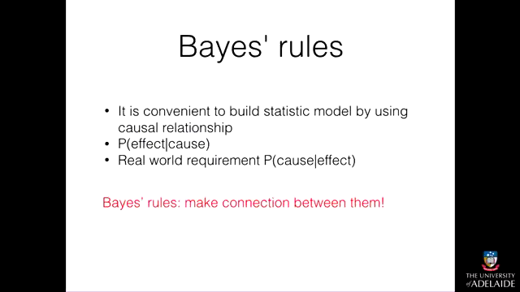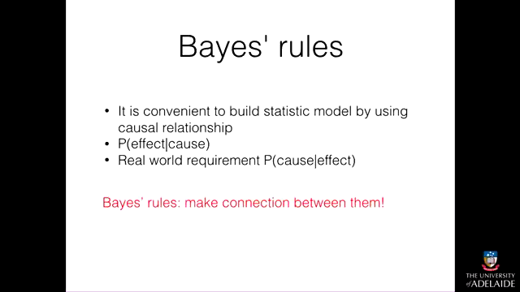So let's first look at Bayes' rule. Sometimes it's very convenient to build the statistical model by using causal relationships. For example, if you have a certain disease, then you could know from your domain knowledge, or from an expert, the likelihood of you having certain symptoms, right?